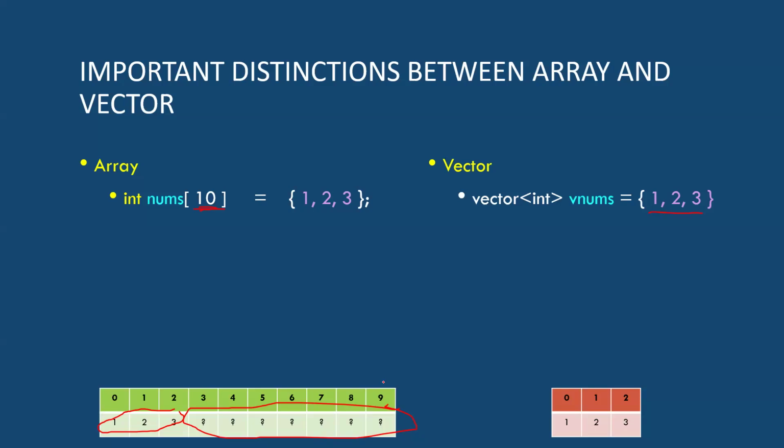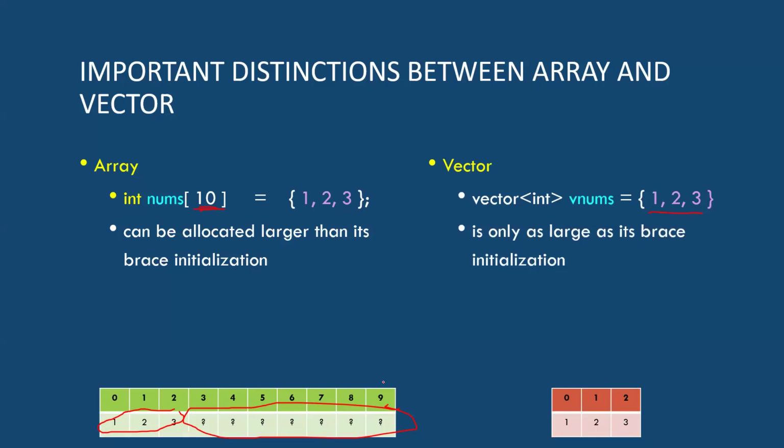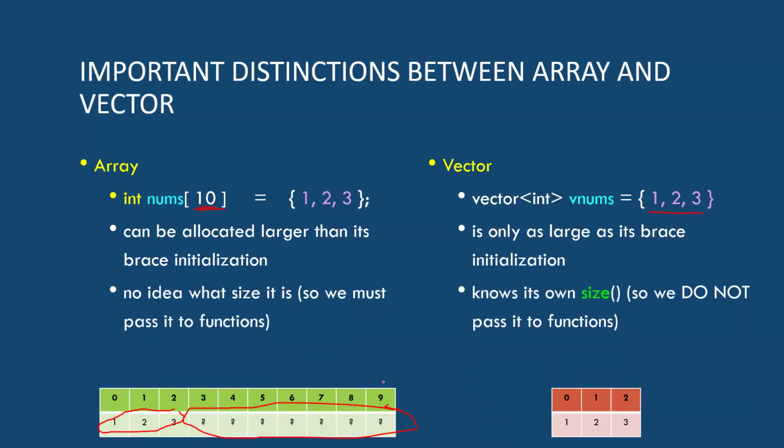Vectors are a bit like accordions. They can get bigger or smaller as time goes on. You can add stuff to the back of a vector if you want. And vectors also know how big they are. Dot size will tell you how big that vector is. So why use arrays? Well, they're faster, they're smaller, but very often vectors are your best choice, especially if you're working on something that has enough memory, so you can deal with that kind of thing.